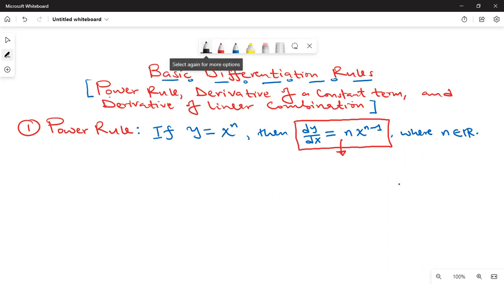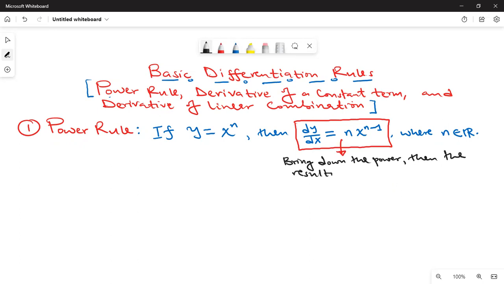I can explain this. It means bring down the power, then the resulting power should be less by 1.